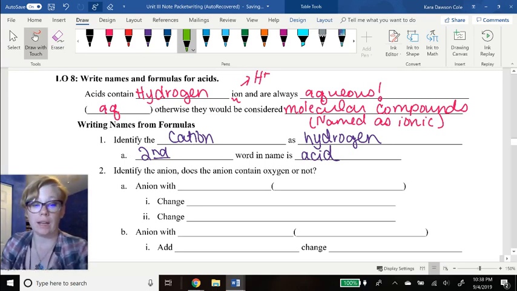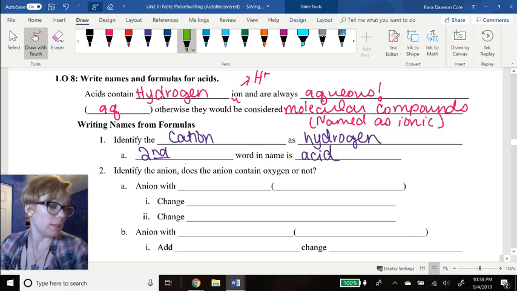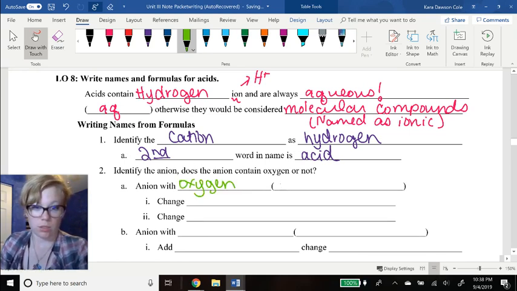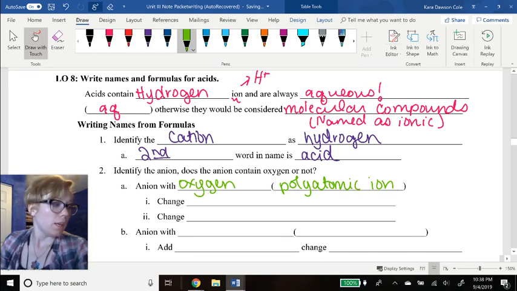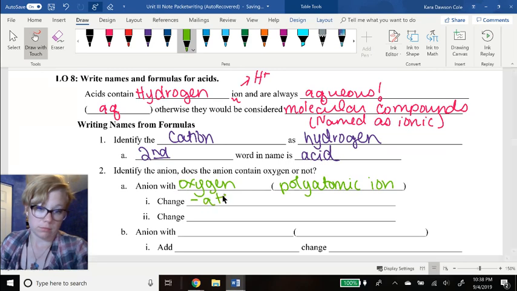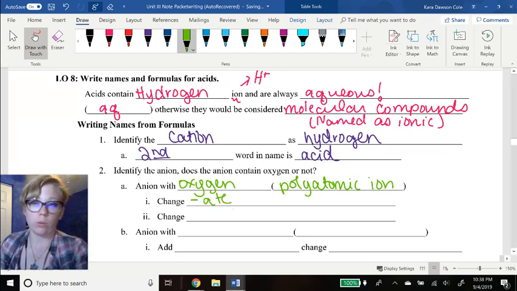So the anion with oxygen, which is going to be a polyatomic ion, can only be ate or ite.